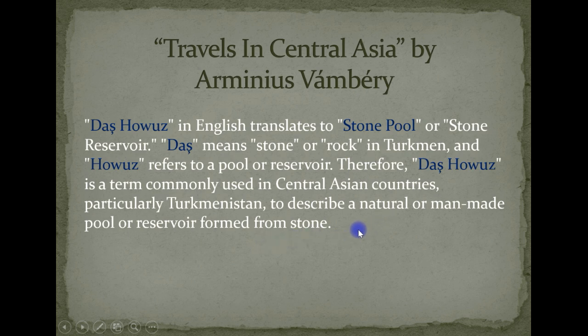By the way, I strongly recommend reading this book if you want to get more information about the political situation, the culture, and the way of living of the Turkmen people in the 19th century. This is a really interesting and unique experience by Arminius Vambery.